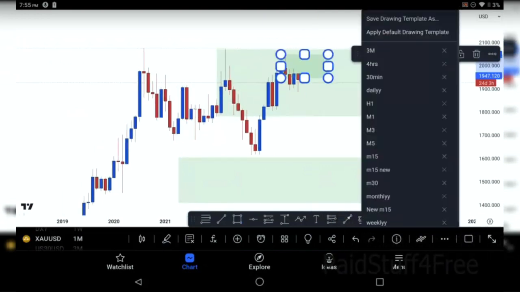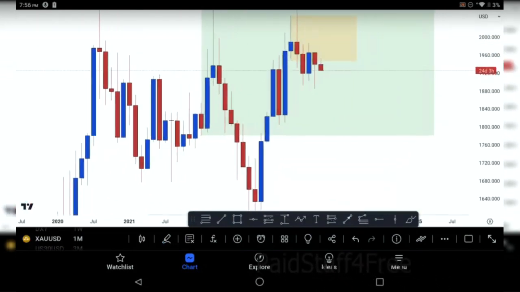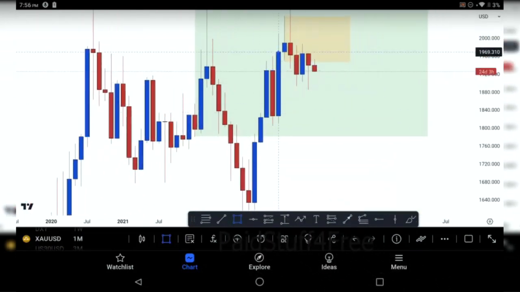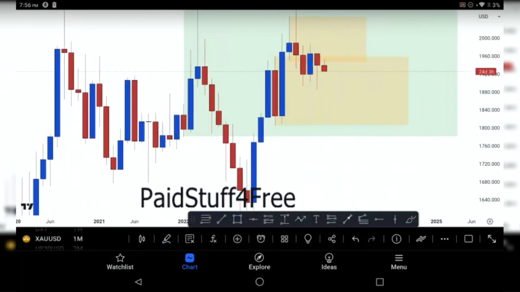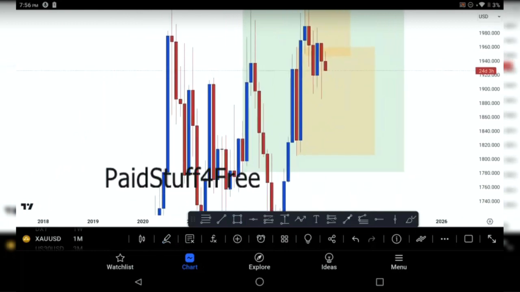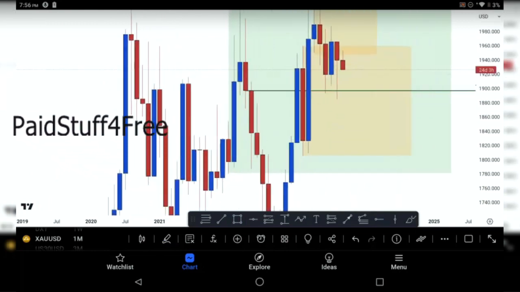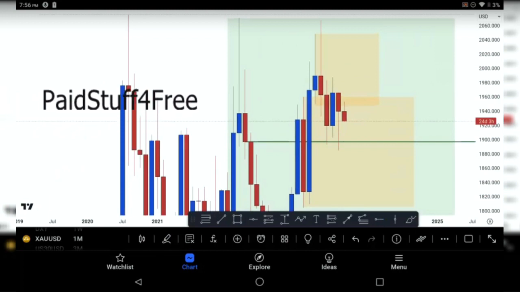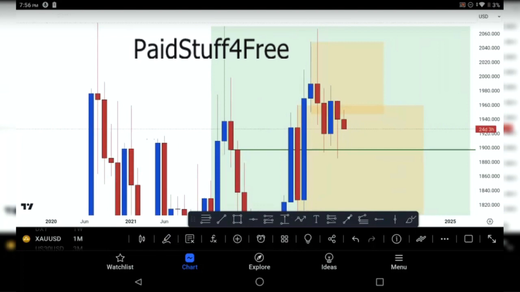Monthly. Now, this is where market is supposed to change storyline. Am I correct? Yes. Now, in terms of SNR, price came and tested the zone first of all. Came back, pulled back. Okay, good. Now, how do I explain this?